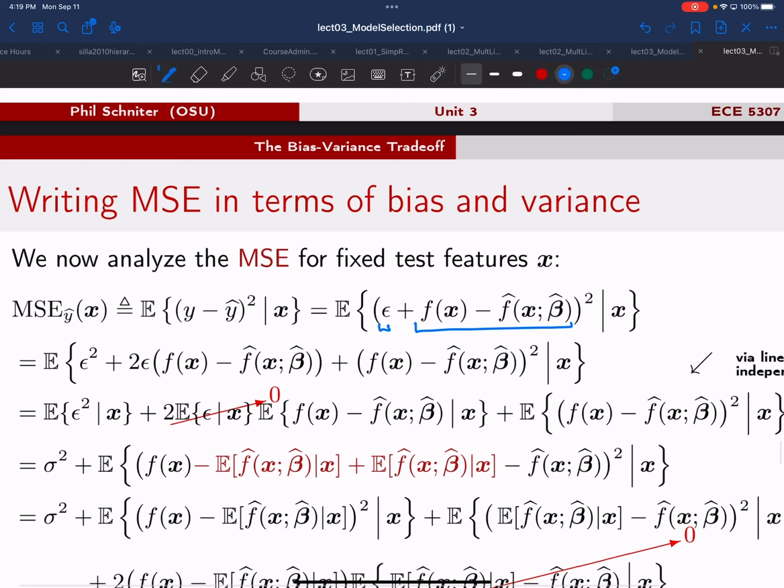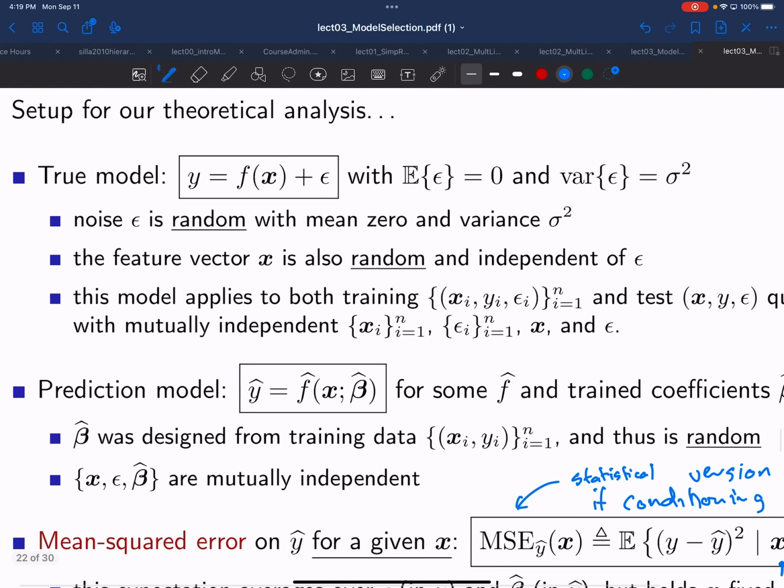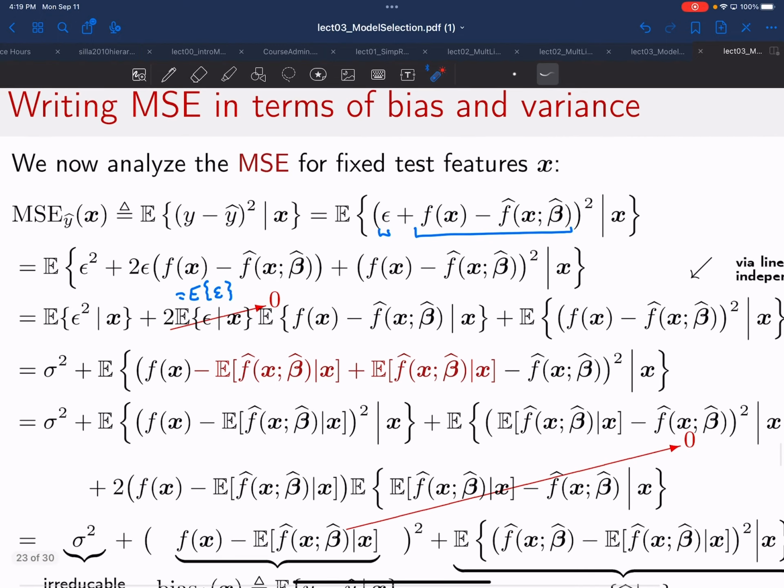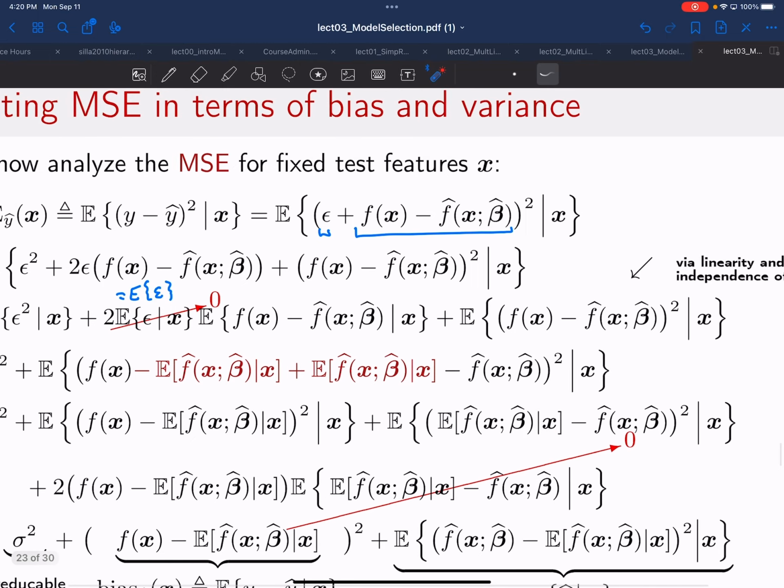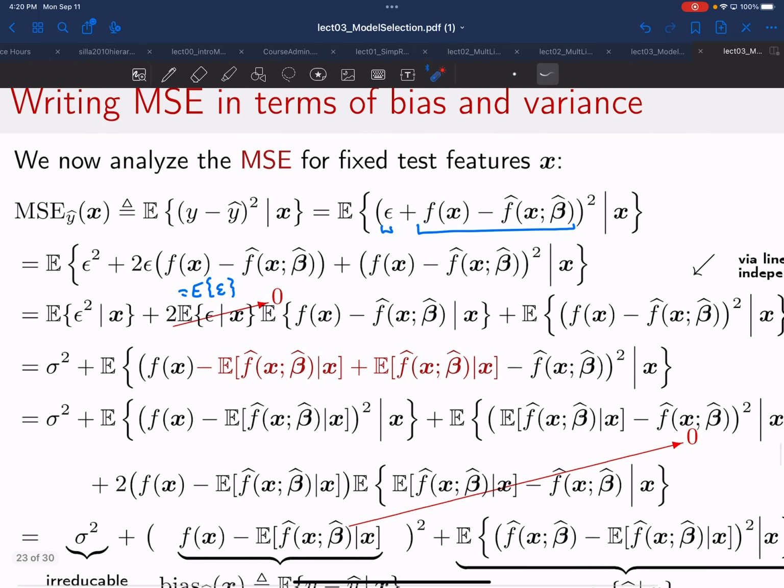So this is really just the expected value of epsilon. And what do we know about the expected value of epsilon? What did we say at the beginning? Zero mean, right? So it equals 0. As a result, because this first term equals 0, we don't even have to worry about the second term. This whole thing goes to 0. And then we only have to think about the first and the last terms. Any questions with what we did there?